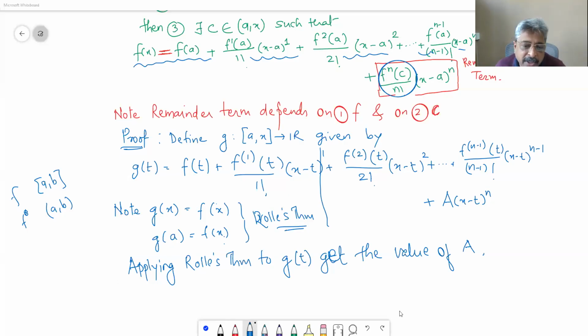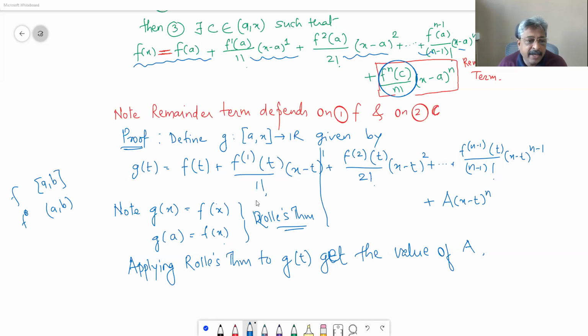Applying Rolle's theorem means you are supposed to differentiate g of t. Note the variable here is t and not x. So you are supposed to find g dash of t, to be evaluated at c and equated to 0. You will get the value of capital A. That is the pending work as far as this theorem is concerned.